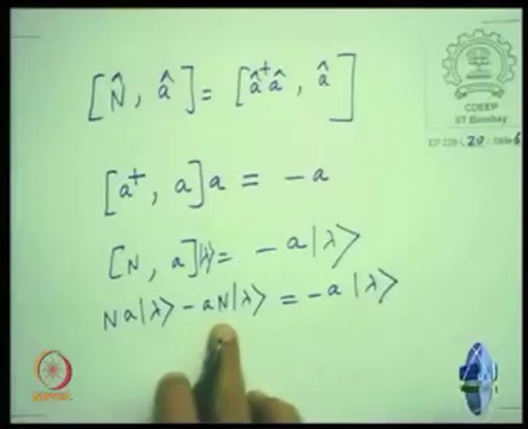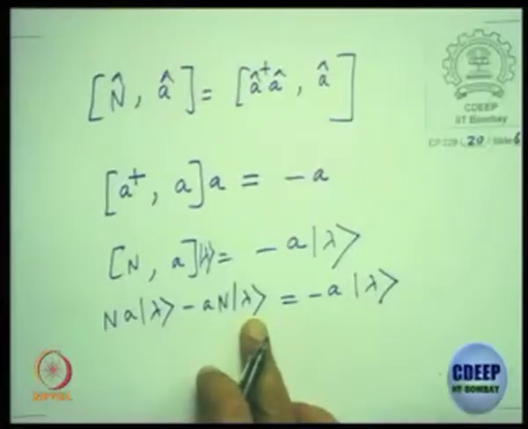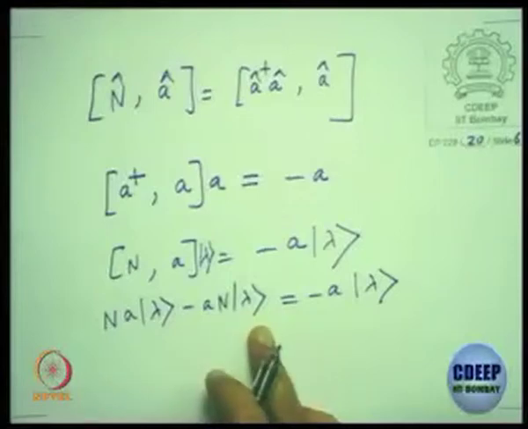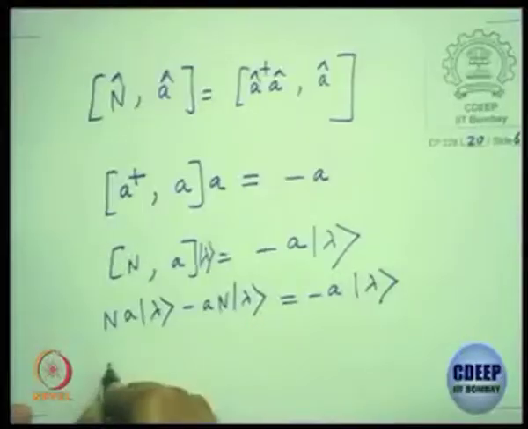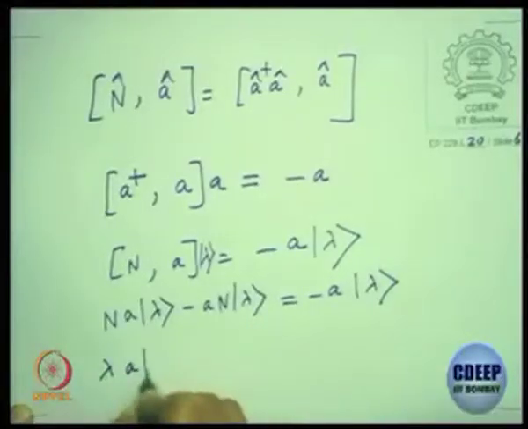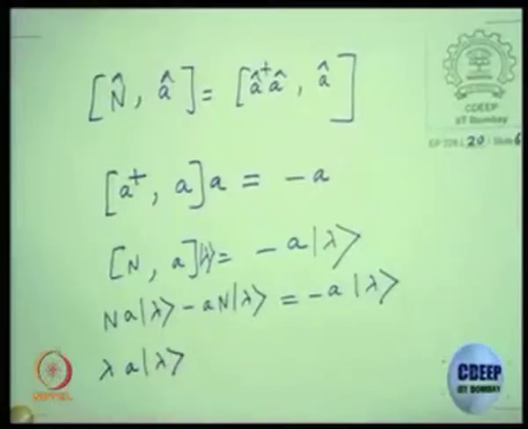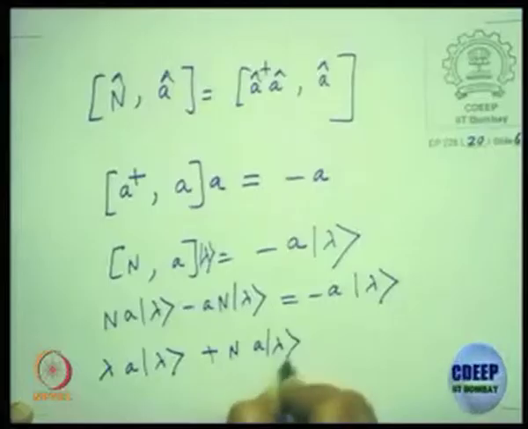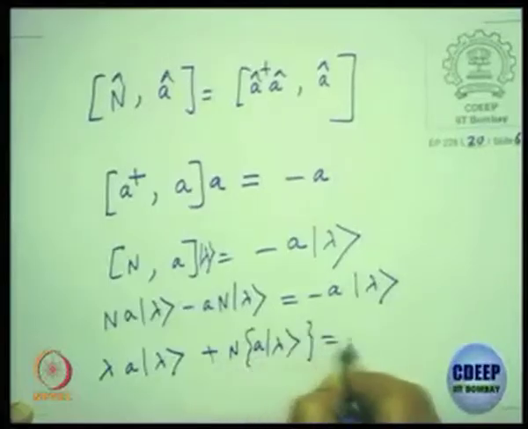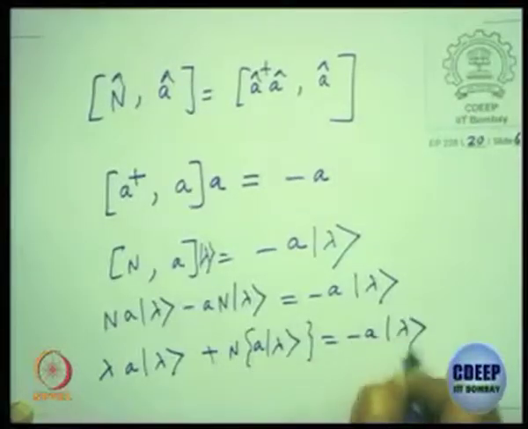What is N on lambda? Lambda times lambda. It's an eigenstate of the N operator. So we will write lambda A on lambda plus N on A of lambda equal to minus A of lambda.